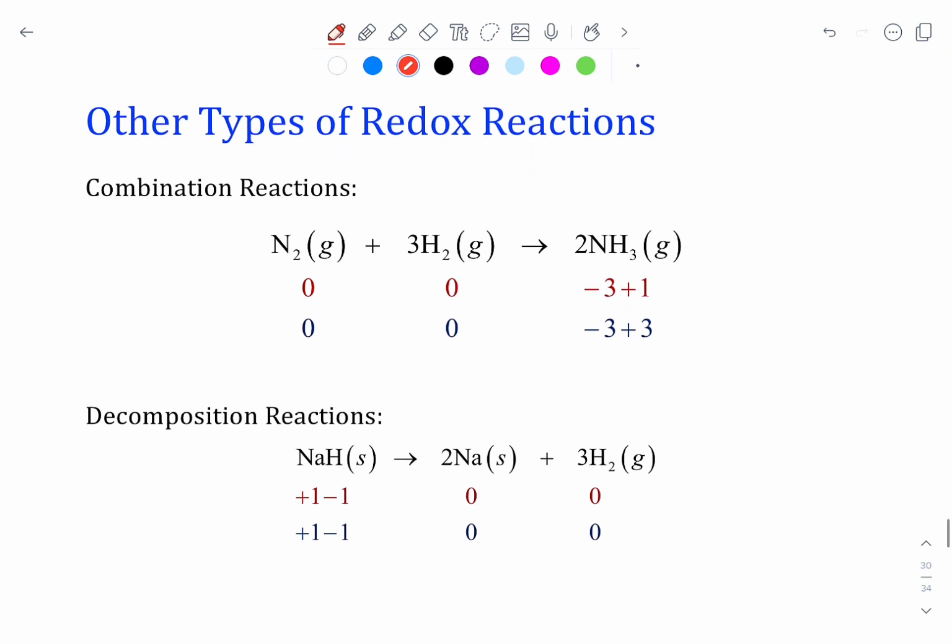Okay, so we can classify other types of reactions as redox reactions. Most reactions are redox reactions because we're changing bonds, we're moving electrons around. If electrons are being moved around, if bonds are being rearranged, it's a redox reaction. So we've seen some of these before. We've seen combination and decomposition reactions when we first started balancing chemical equations.